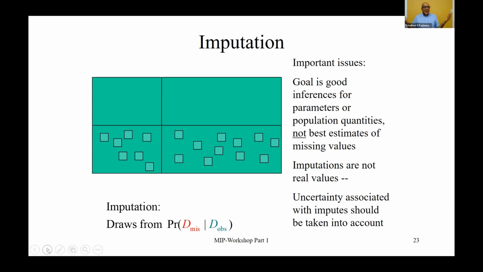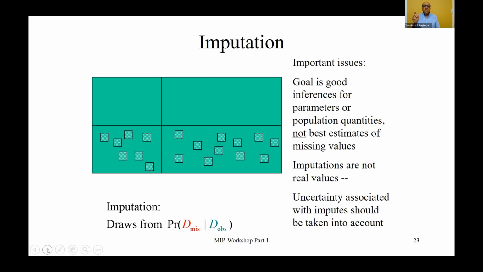I said that if I could do that, I would be living in a penthouse and not giving you lectures, but you all would be coming and visiting me. Right? So the idea is not to get the best values for those imputations. Imputations are not real values. You are never going to get the actual value that respondents should have given you through this imputation.